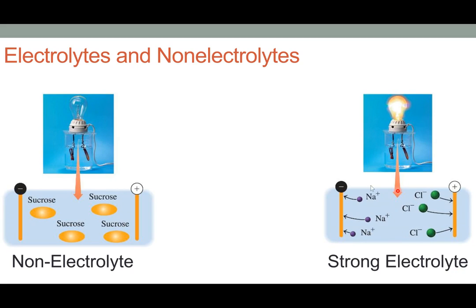So what that tells me is that when salt dissolves in water, those charged particles allow electricity to flow. So ionic compounds dissociate in water, and they do conduct electricity.